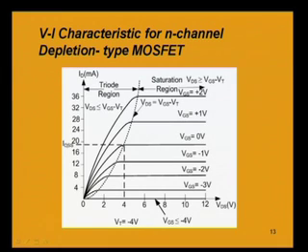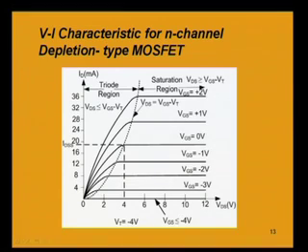Now, we have seen that the threshold voltage, which is negative for this n channel depletion type MOSFET, is that value of the gate to source voltage at which the drain to source current becomes 0. And let us, for this particular device for which we are plotting the VI characteristic, have a threshold voltage of minus 4 volt. This is just an example we are taking to draw the VI characteristic.